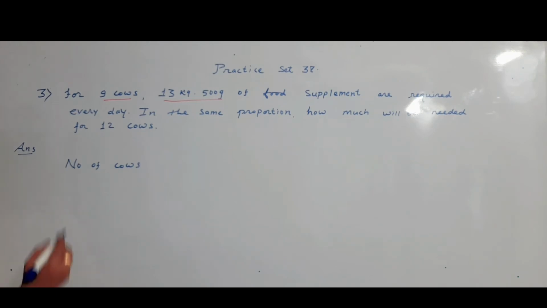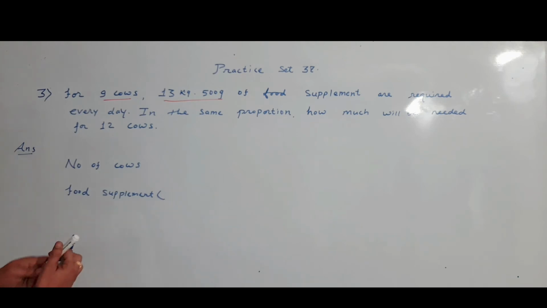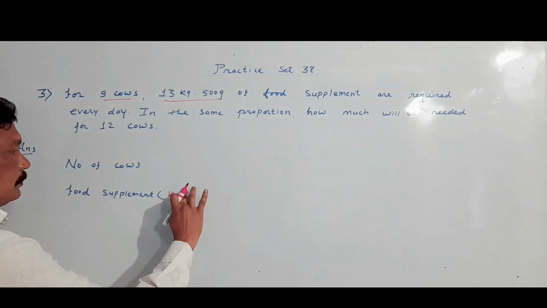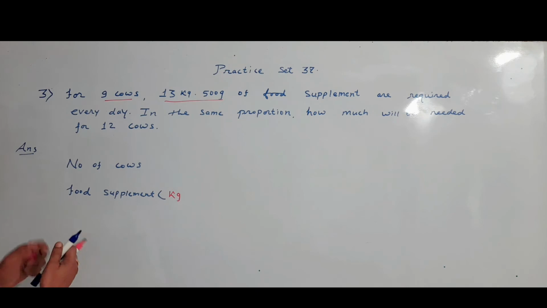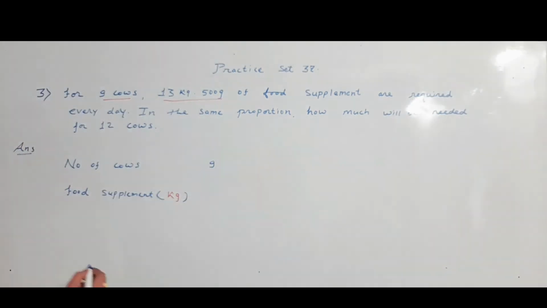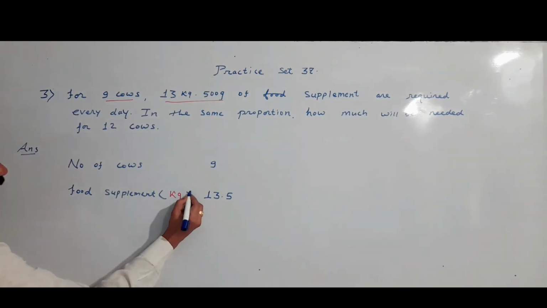Number of cows and food supplement in kg. 9 cows require 13.5 kg.